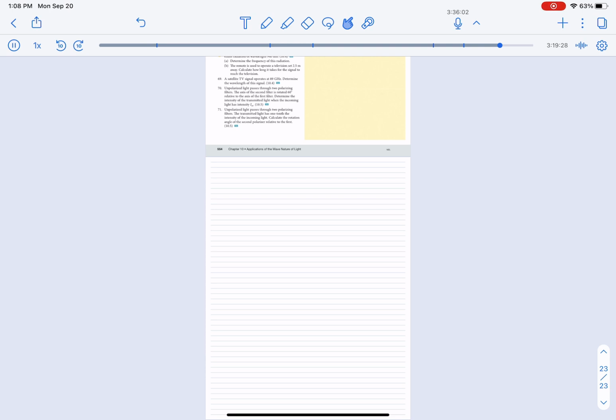Adjacent over hypotenuse. If we rearrange that to get delta d2x, I bring that over here, so that's delta d2 cosine 53. And then I just put 10 in there.